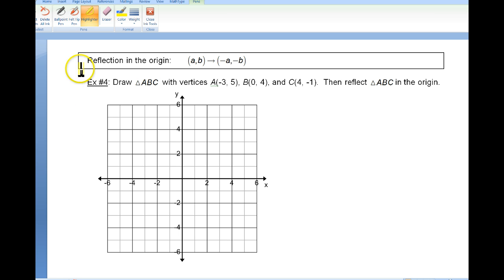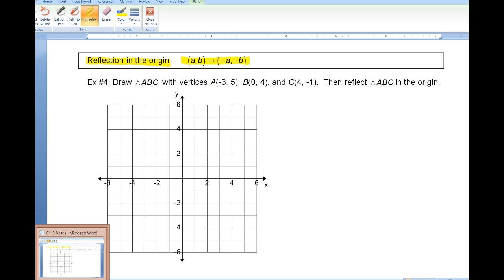Okay, next one. Reflection in the origin. Where is the origin? 0, 0. If I reflect something in the origin, we switch both the x and the y coordinate. Why? A reflection in the origin is like if I start with anything, remember quadrants, quadrant 1, quadrant 2, quadrant 3, quadrant 4.